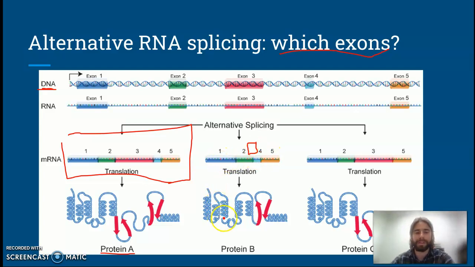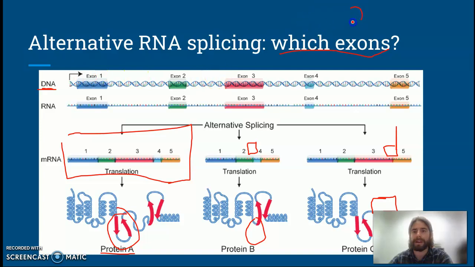And in doing so, there is a subunit, this bottom loop, that is not included in protein B. Likewise, in our third one on the right, exon 4 is not included, and so we are missing this top loop that is present in protein A and B. And so by RNA splicing, or this alternative splicing, instead of having just one protein outcome, we can have multiple different proteins created from just one gene.